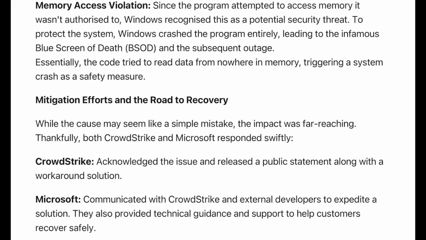CrowdStrike released a public workaround and started a new program for the issue. They were testing something new, and they just messed something up in C++ coding. And so yeah, Microsoft and CrowdStrike both found a workaround, and CrowdStrike went out publicly stating what was wrong, and they found a safe workaround for the issue.